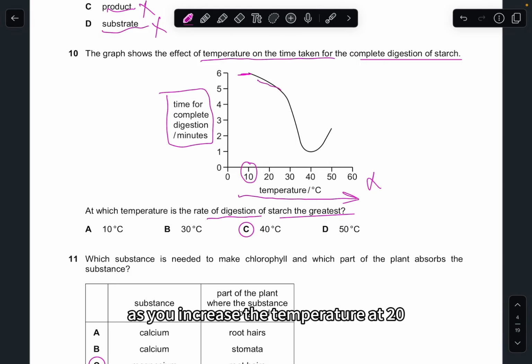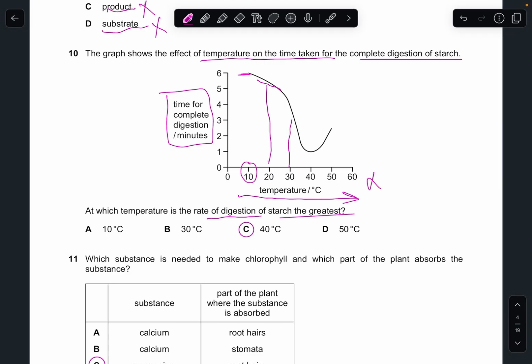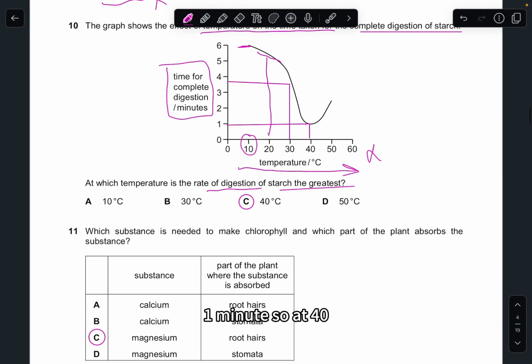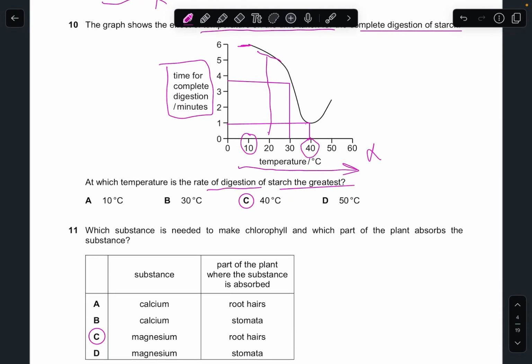As you increase the temperature at 20, the rate increases. At 30, the time is around 4 minutes, less than 4. And at 40, there is almost 1 minute.